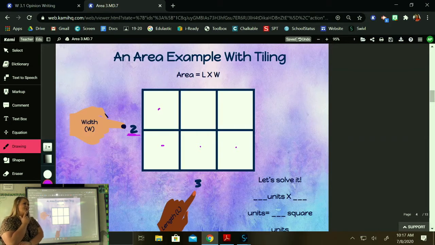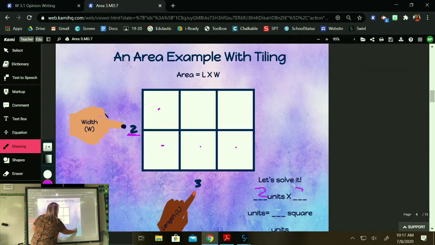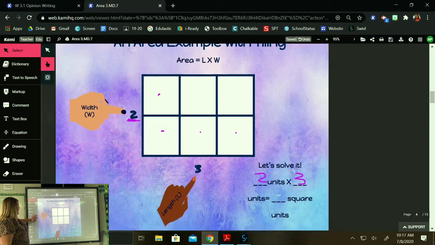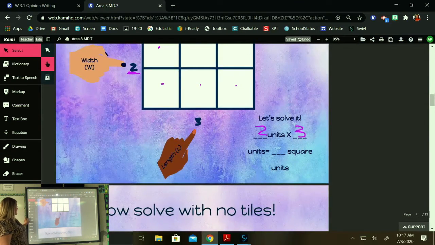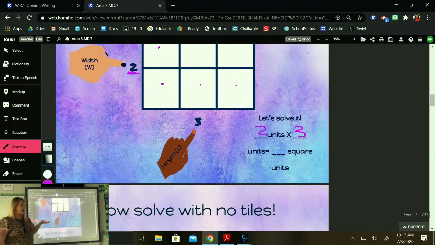Now, you may be wondering why I said square units. Well, if this is 2 units times 3 units, when you go ahead and multiply units times units together, they're going to turn into square units because you multiplied units times units. So we have 6 square units. That's going to be what our problem looks like if we're tiling.